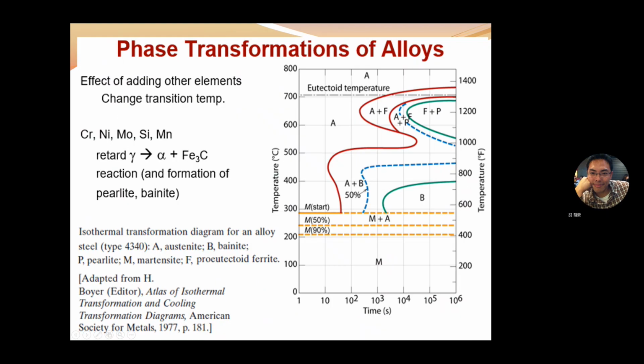Okay, so the effect of adding other elements changes the transition temperature.